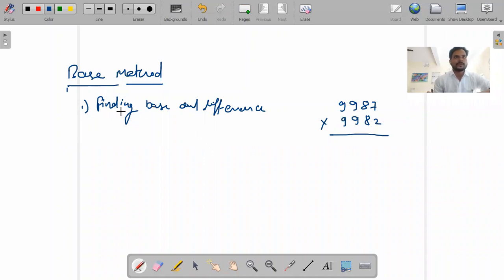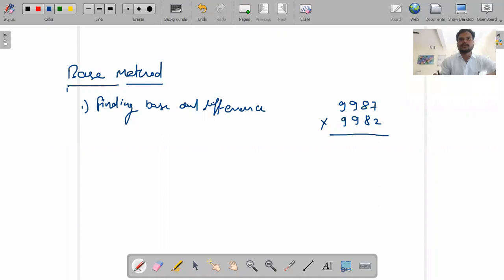So the first step is finding the base and differences. What is the base here? Both the numbers are near to 10,000, right?